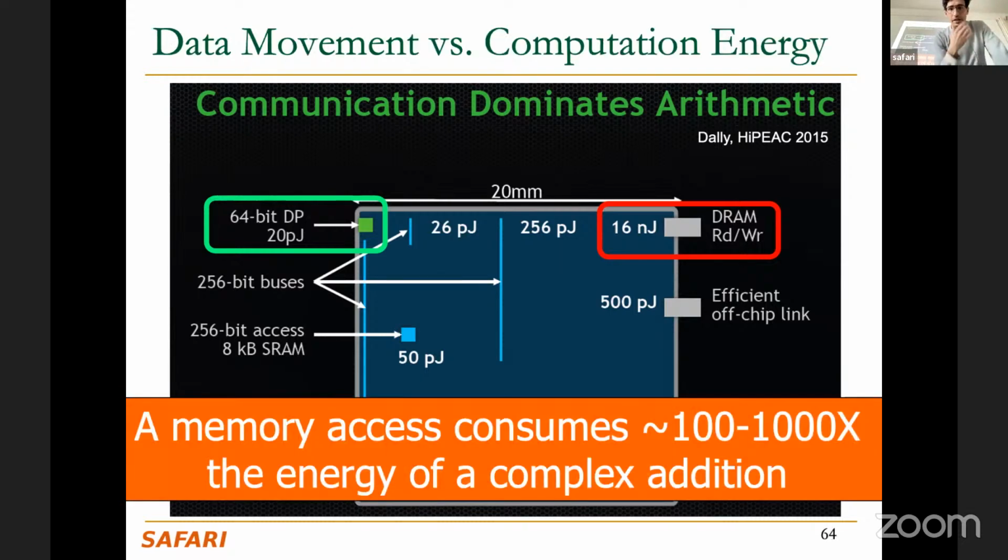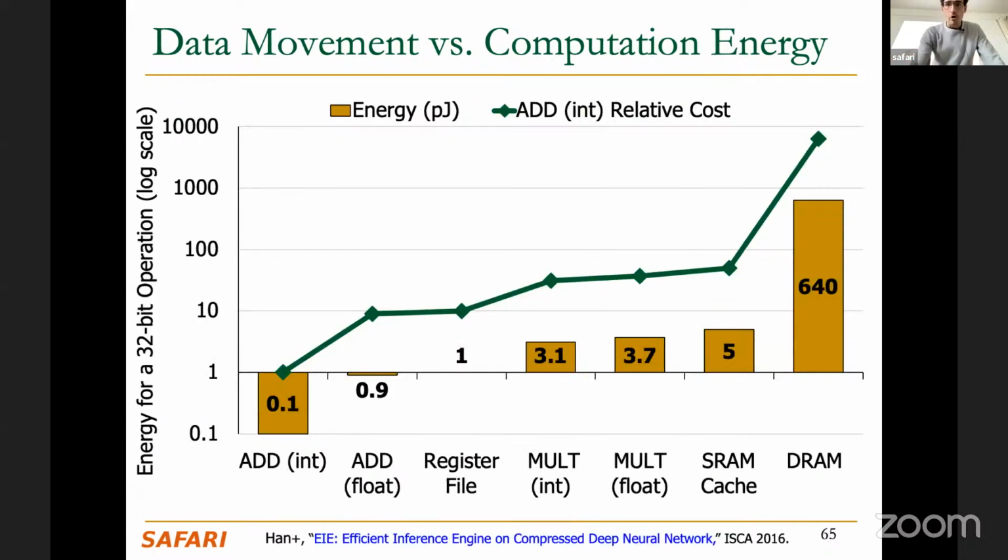As we can see, it is something between 2 and 3 orders of magnitude more energy expensive to access data than to operate on that data.